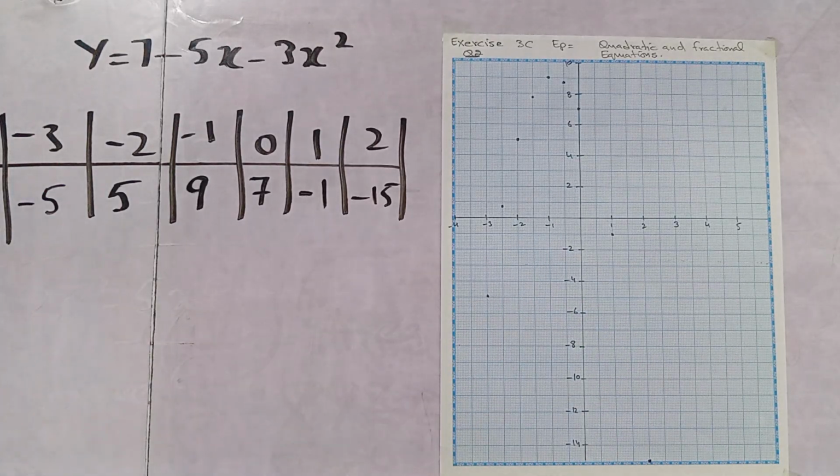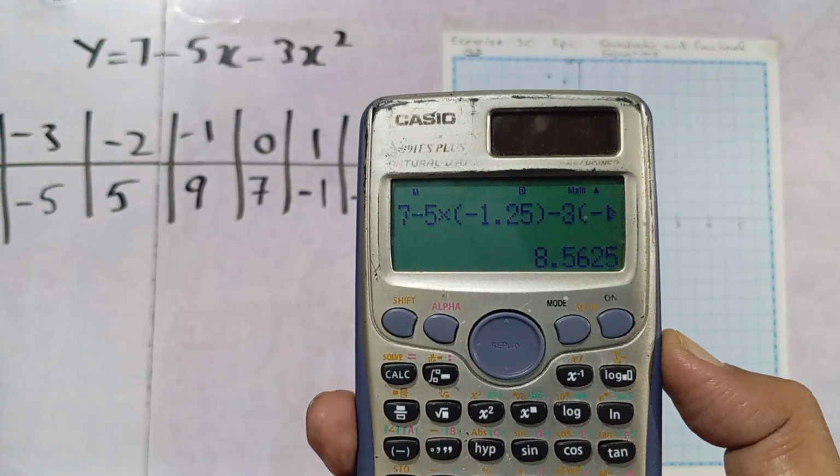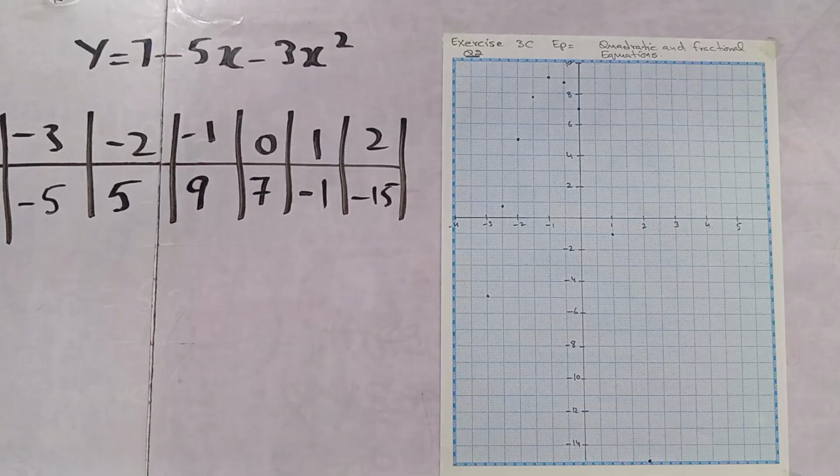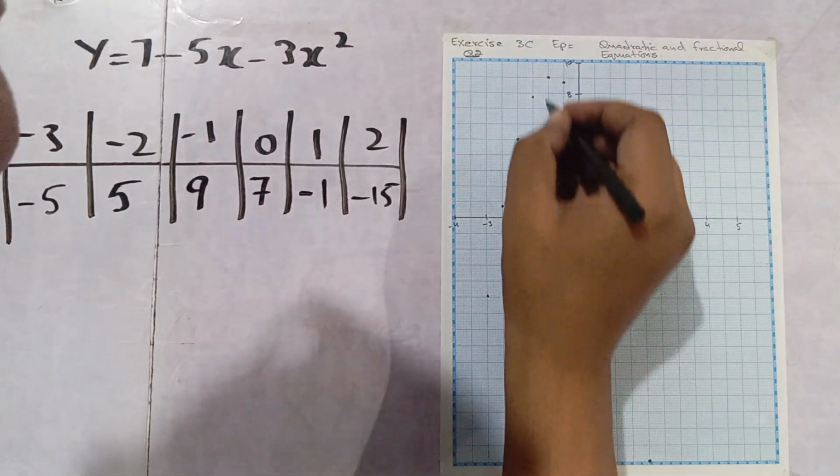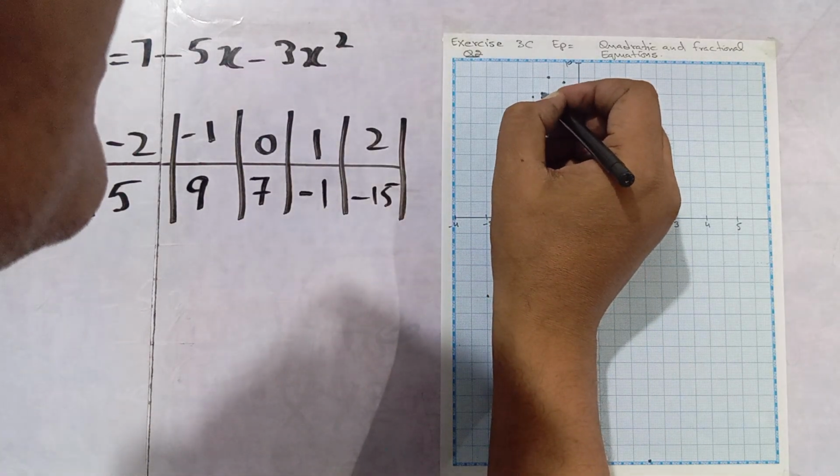Because I want that curve to be very smooth, that's why I'm taking extra points. 7 minus 5 multiply bracket minus 1.25 minus 1.25 bracket close minus 3 bracket start minus 1.25 bracket close square equals to 8.5625. So at this point, 8.5.